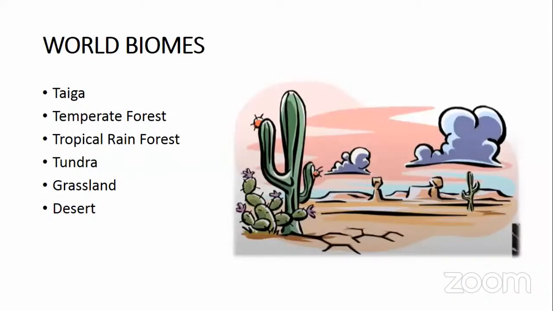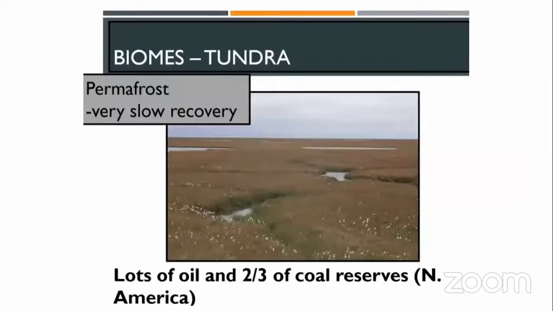As we have already seen, taiga, temperate zone, tropical rainforest, tundra, grassland, desert, these are different biomes. And further for tundra, it has usually lots of oil and coal reserves from North America.